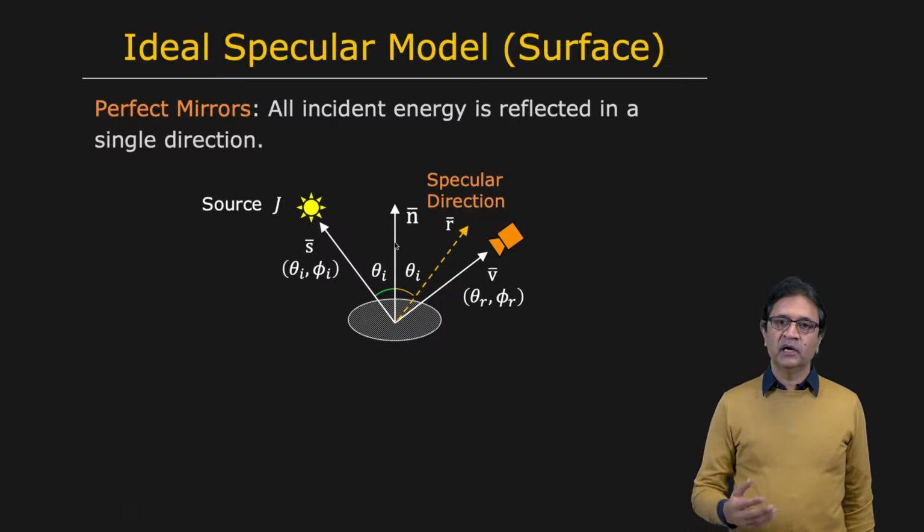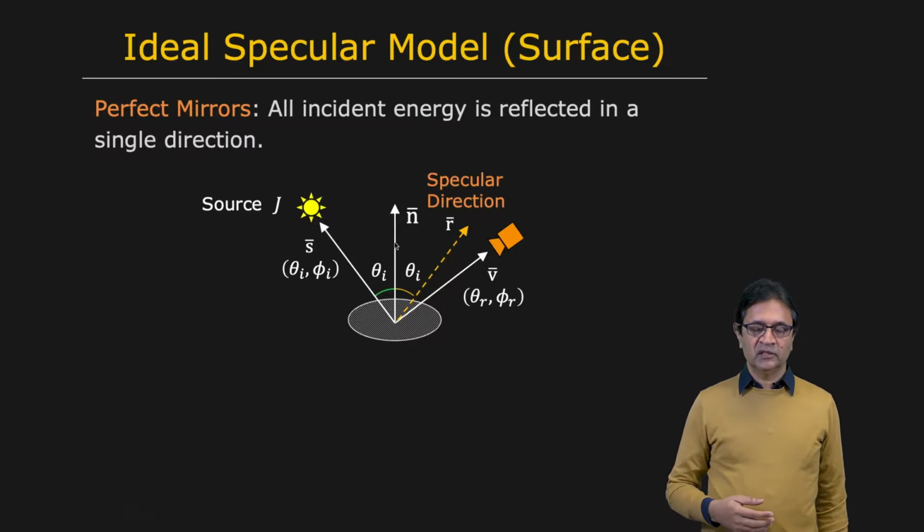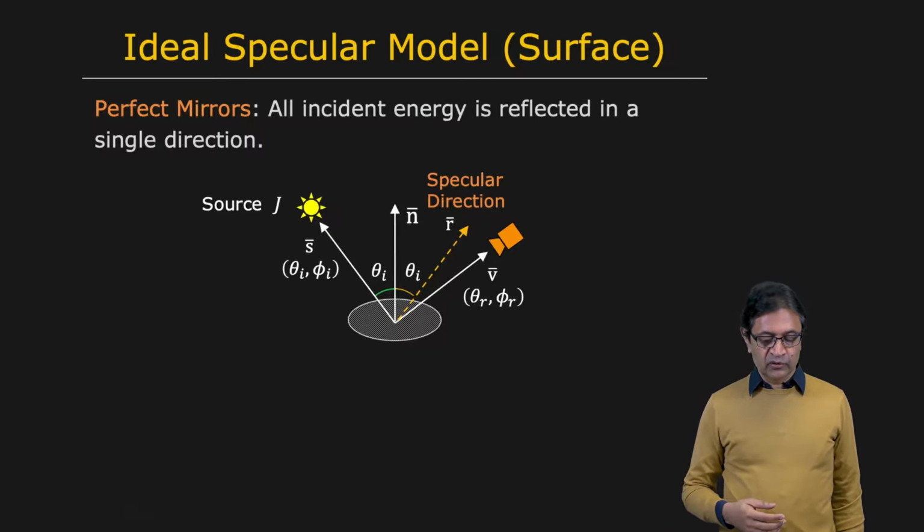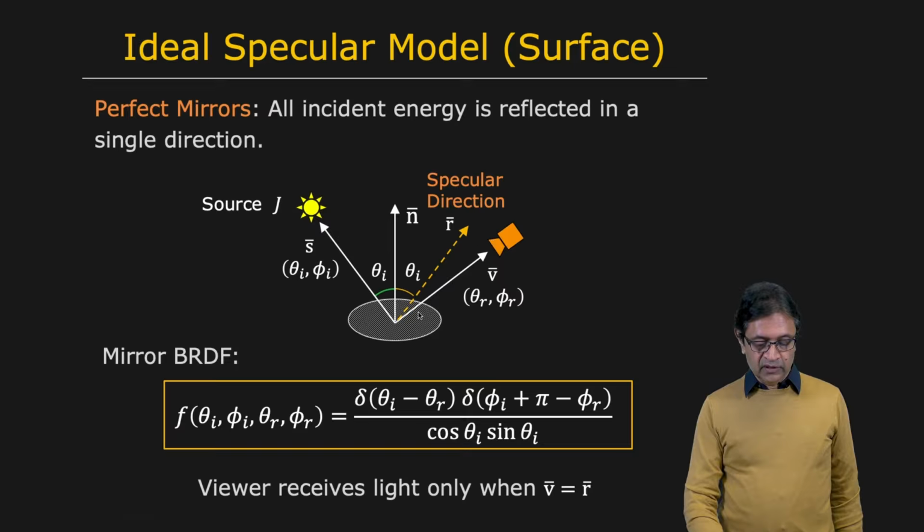So in this case, the BRDF can be expressed as the product of two delta functions. The first delta function essentially says that the two zenith angles must be the same. The second delta function says that the azimuthal angles must be the opposite of each other. So it's phi I plus pi minus phi r. And then in the denominator here, you have cosine theta I, sine theta I. This is actually a factor of proportionality, if you will.